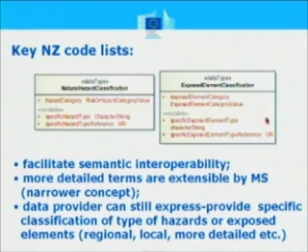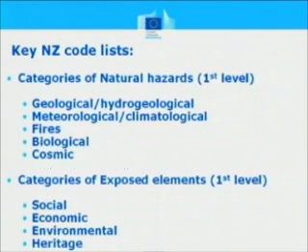But as mandatory, we provide those generic classification schemes for types of hazard and types of exposed elements. Just a quick demonstration of those top-level hierarchies, which, as you can see, are really very generic, and everybody can map to those generic concepts.